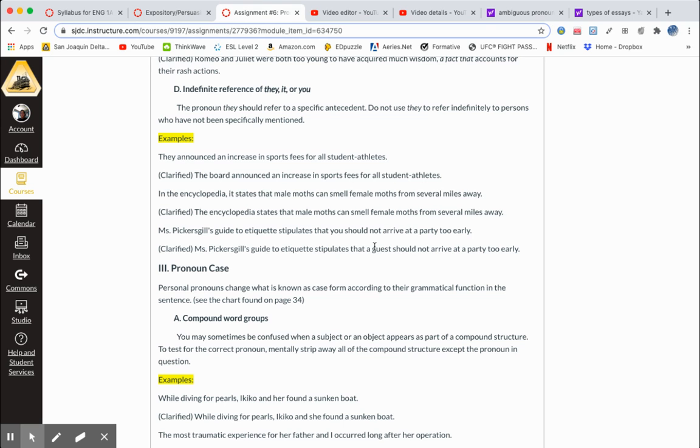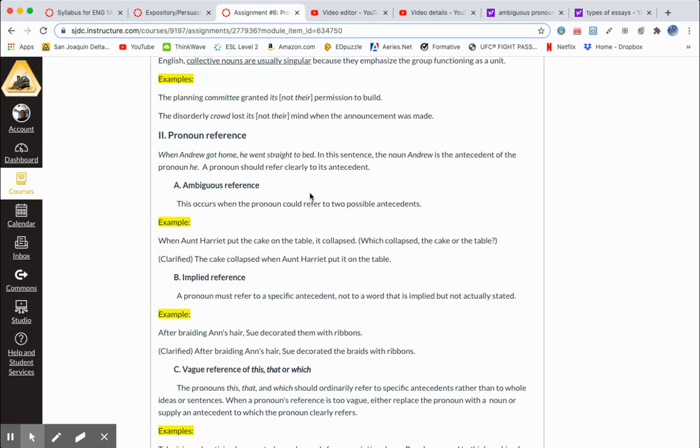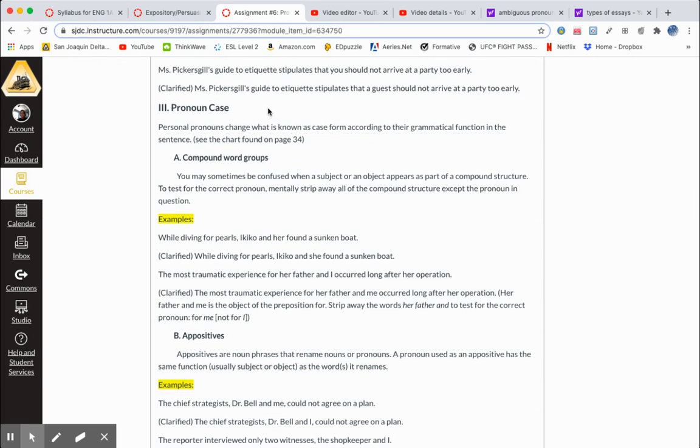Okay, so for number 2, we looked at pronoun reference, to what the pronoun is referring, and then for 3, we look at pronoun case. Personal pronouns change what is known as case form according to their grammatical function in the sentence.